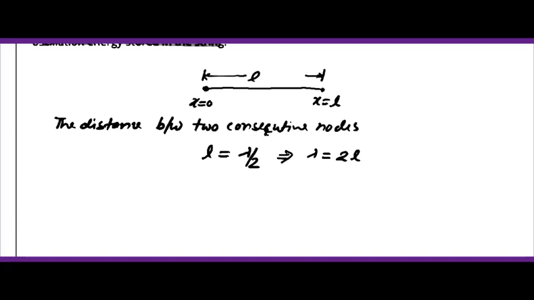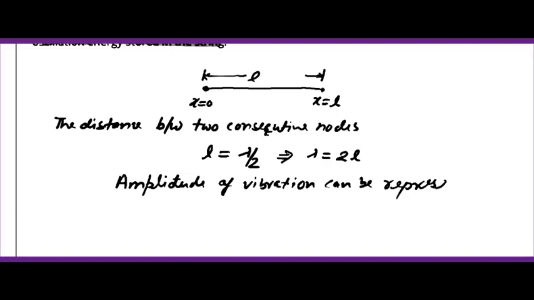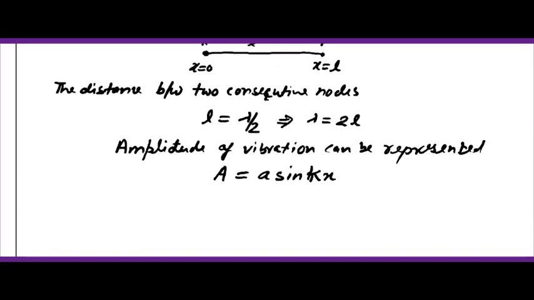Now the amplitude of the vibration can be represented as A is equal to A sin kx, where k is the wave vector and this wave is moving in the x direction.